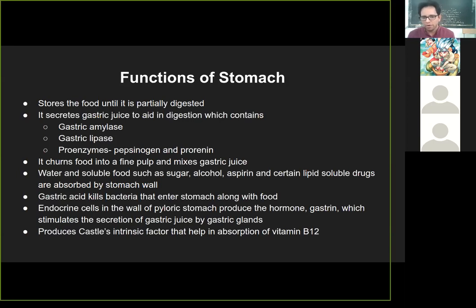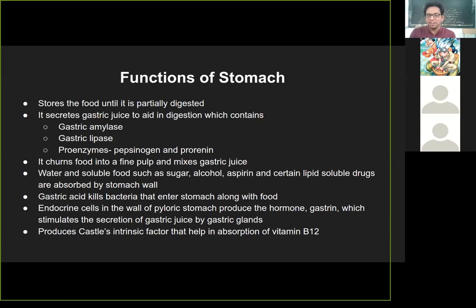The stomach is also known to produce Castle's intrinsic factor. Now Castle is the name of the person. Intrinsic factors are glycoprotein molecules within the body, and they are intrinsic, that means they are highly required. That is why they are called intrinsic factors.